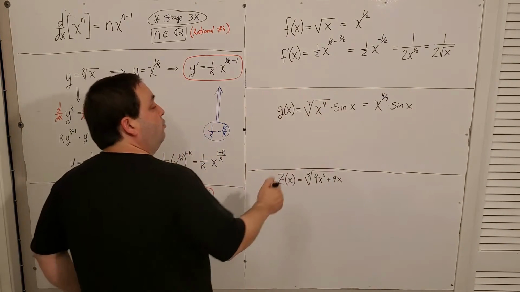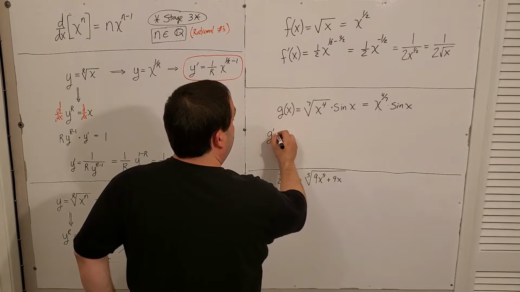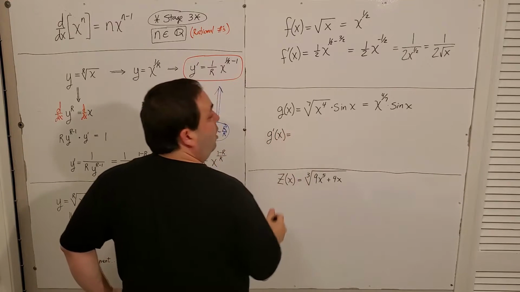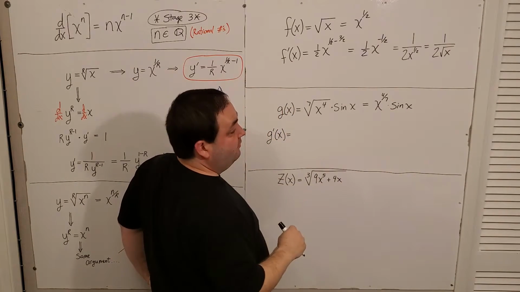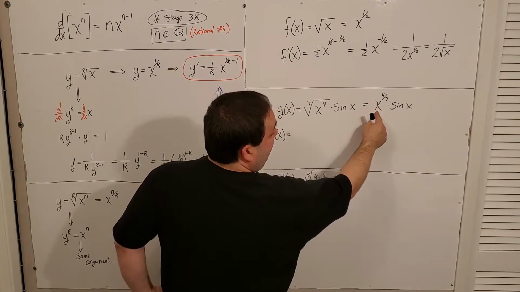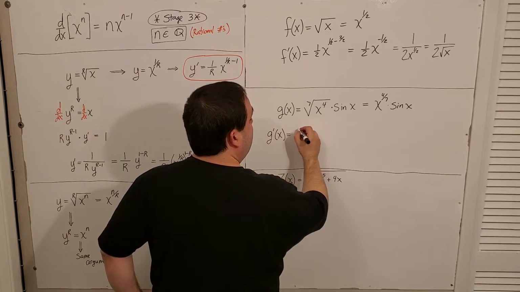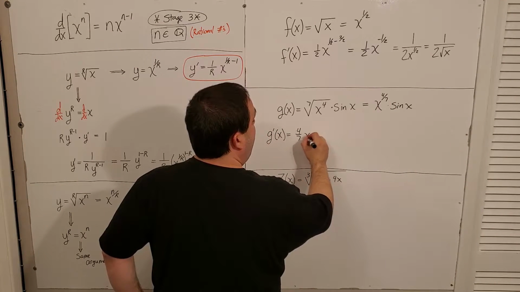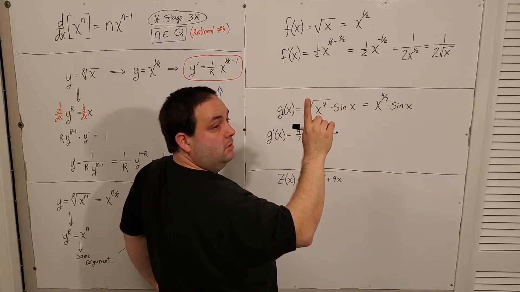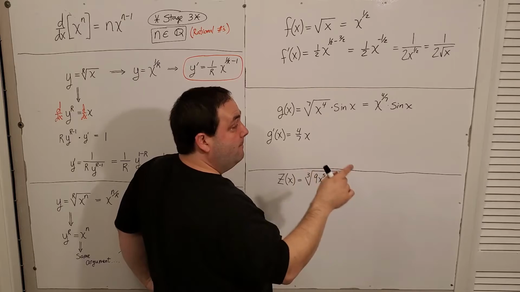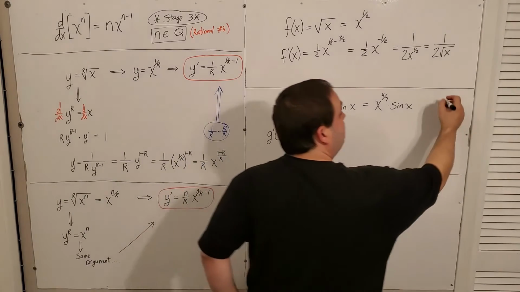So I will then perform it. g prime of x. Remember, product rule is each of them get a turn with the derivative while the other's left alone. So derivative of x to the 4/7 is 4/7 x to the 4/7 minus 1. That's 4/7 minus 7/7.